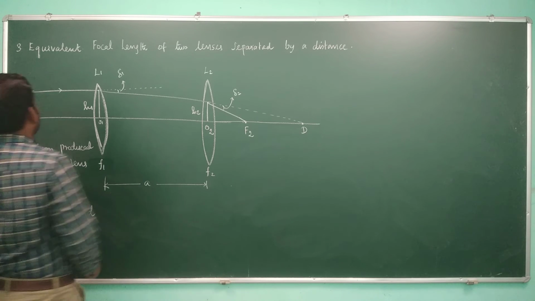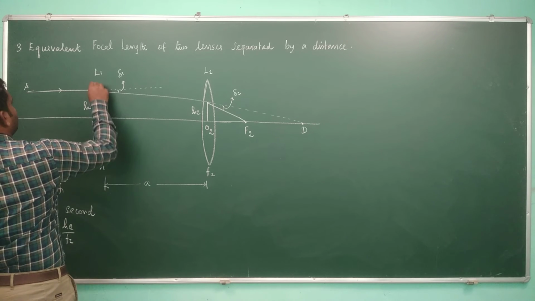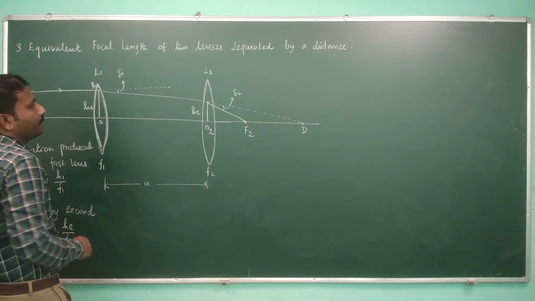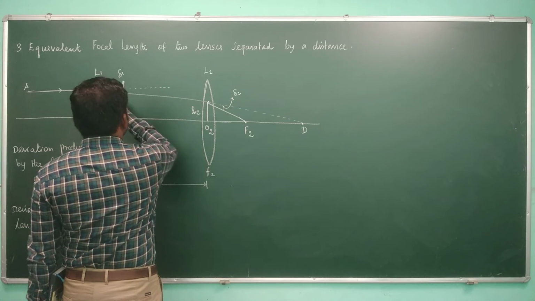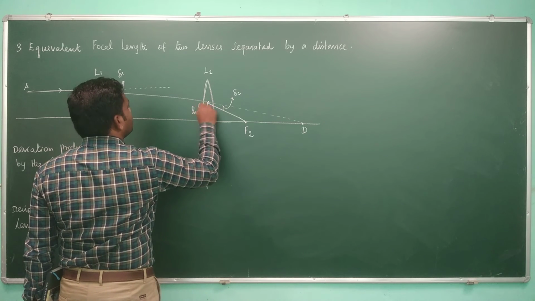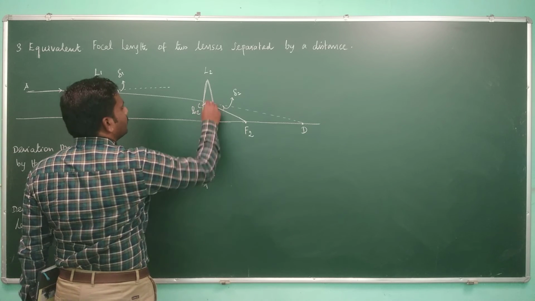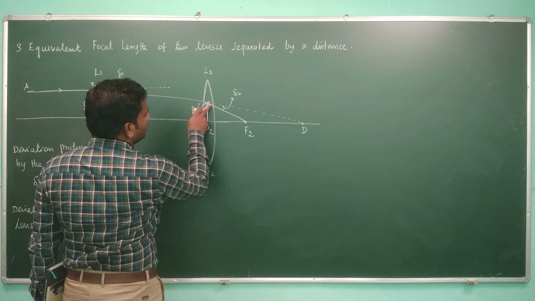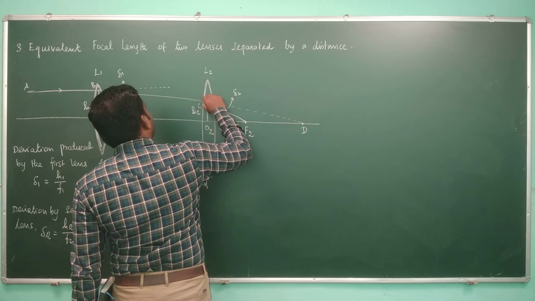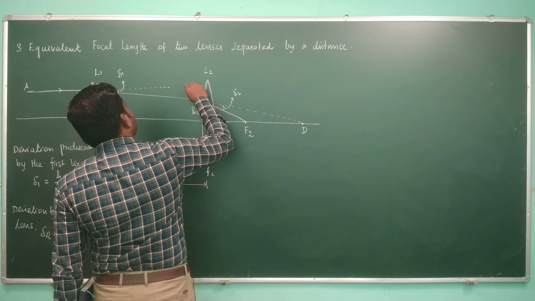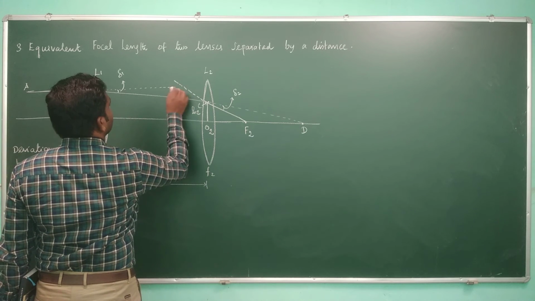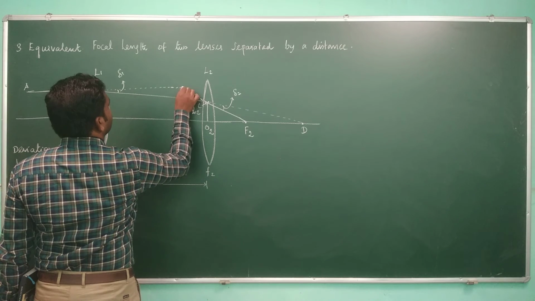Now let us extend this light ray AB in the forward direction, and it meets the second lens at the point C. Now let us consider the ray CF2 and draw it backward, and these rays will meet at this point.